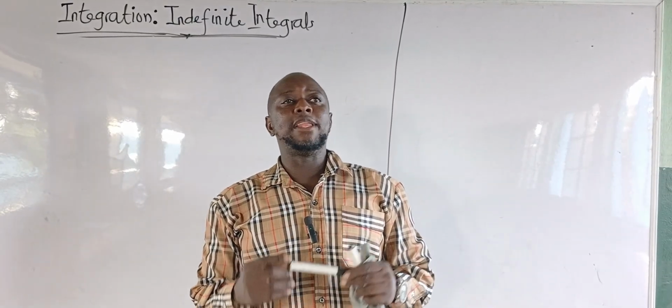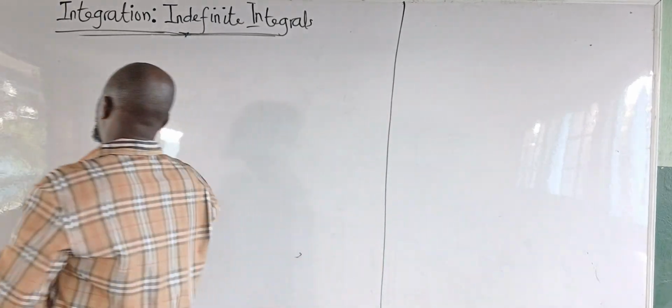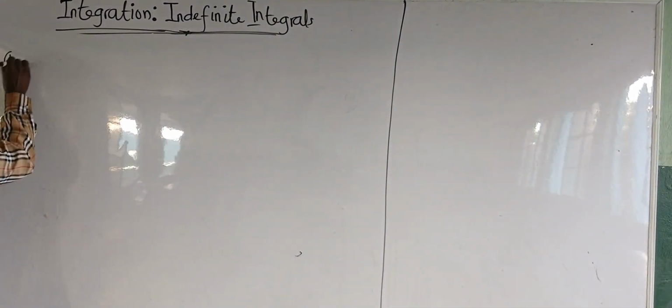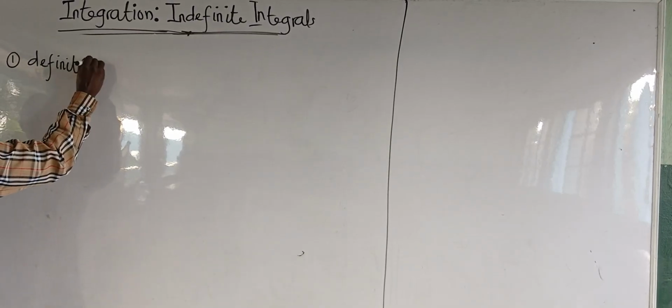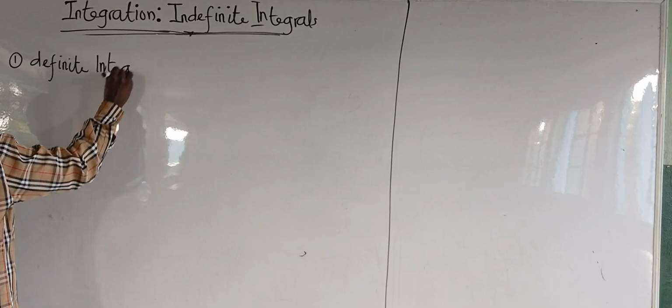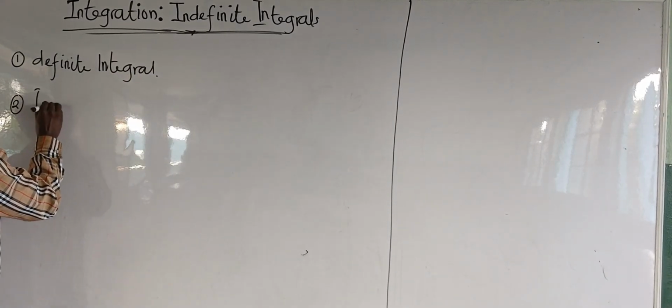Second, what do we need to know? We need to know that there are two types of integrals. First, it's called definite integral, and then next is called indefinite integral.